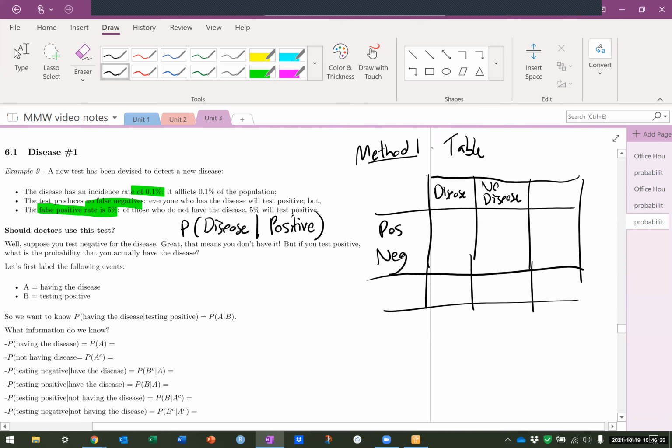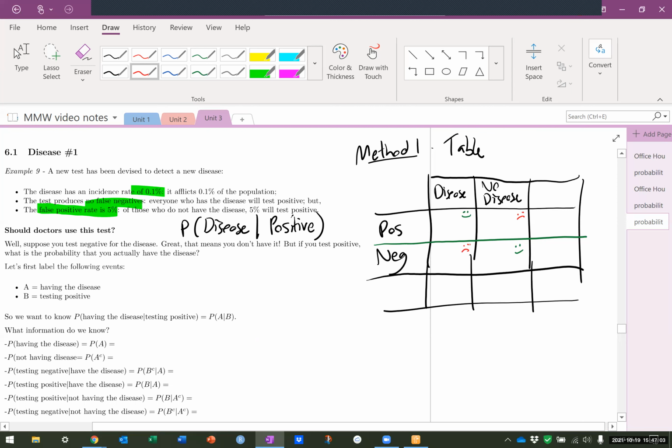And just think for a second, which are the cases that are accurate? The test is correct when you test positive and have the disease, or when you test negative and you don't have the disease, right? Happy in the sense that the test was accurate, not that it's good to get a disease. The cases where it's incorrect are here.